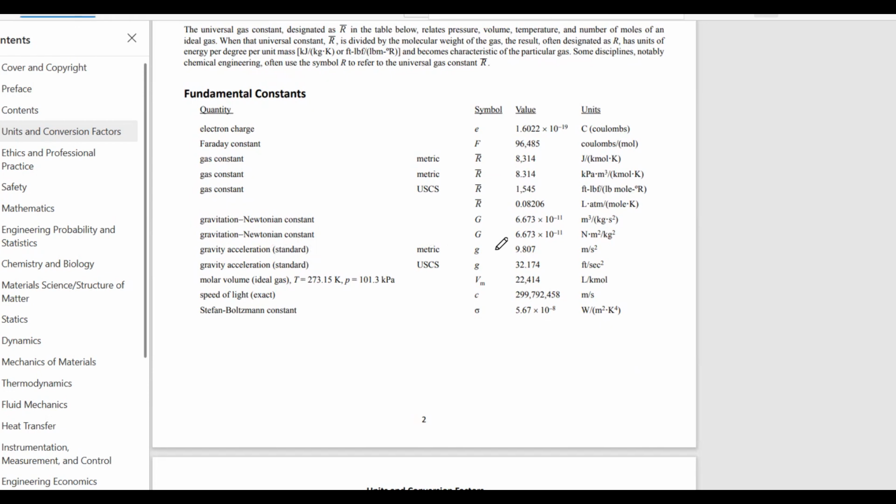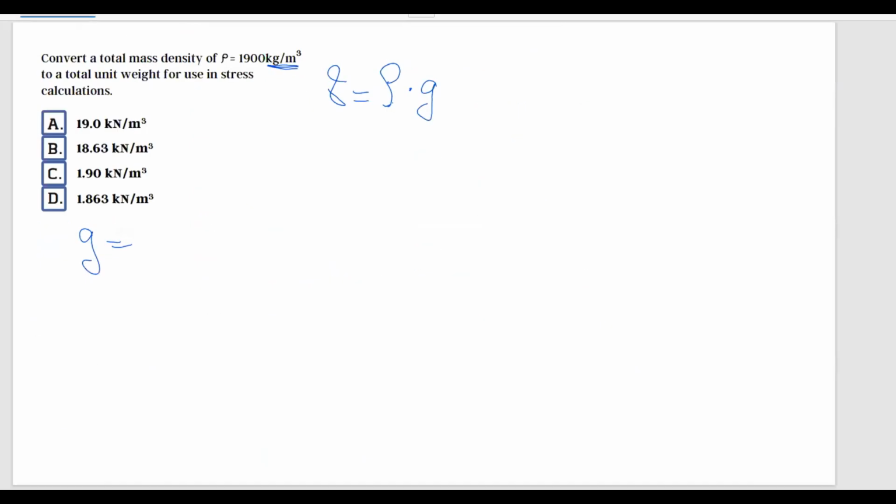You have the value for metric units or USCS units. In our case, we have metric units, so g is equal to 9.807 meters over seconds squared. So let's add this here.